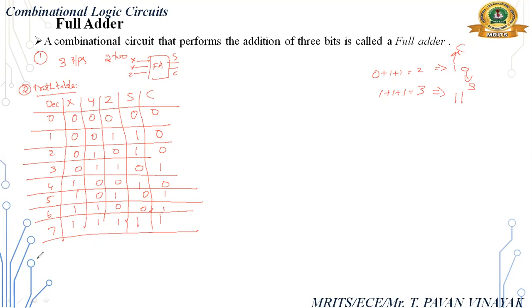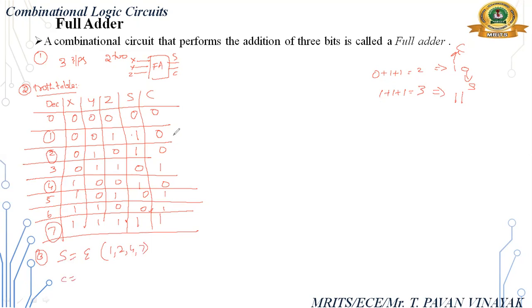So step 3, Boolean expressions. What is the equation of sum? Check where the ones are available: 1, 2, 4, 7. So sum is sigma 1, 2, 4, 7.